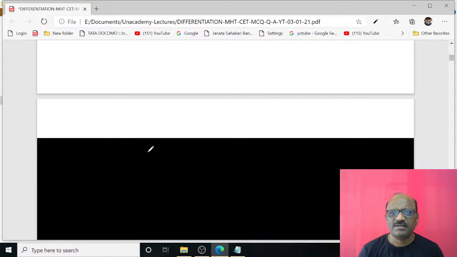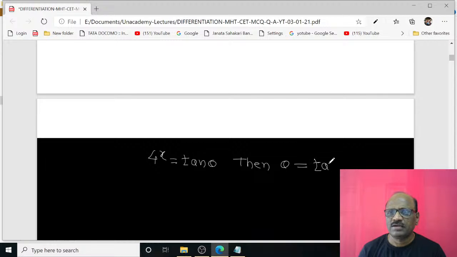Here we will write 4 raised to x is equal to tan theta. Then what is theta? Then theta is equal to tan inverse of 4 raised to x.